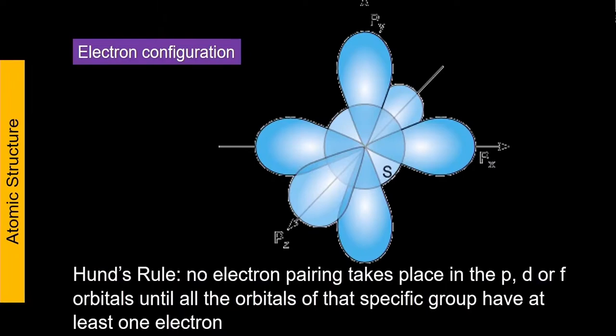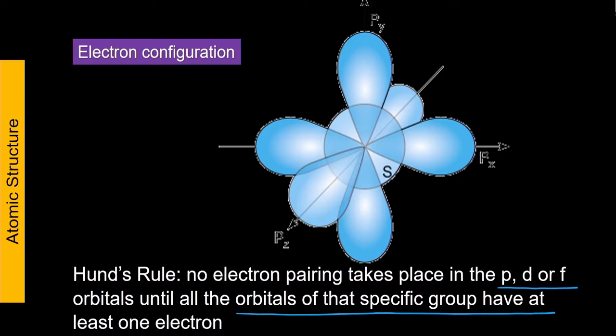Right, Hund's rule is the last thing we're going to touch on. Hund's rule says no electron pairing takes place in the p, d, or f orbitals until all the orbitals of that specific group have at least 1 electron. And that's what we have just done.